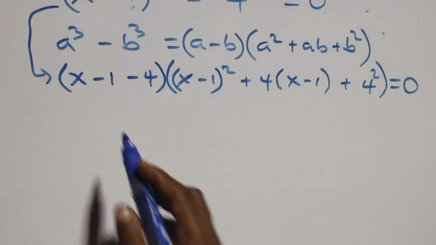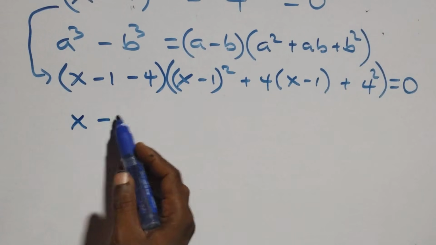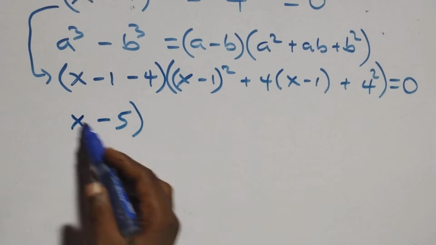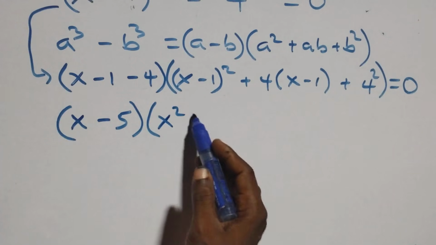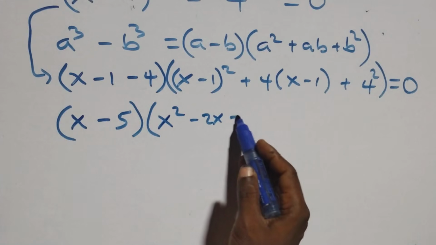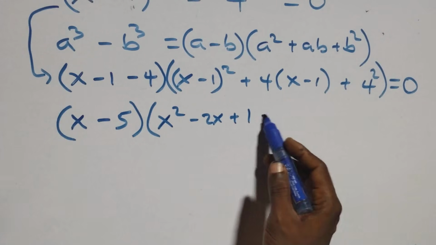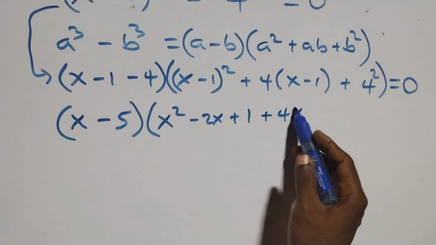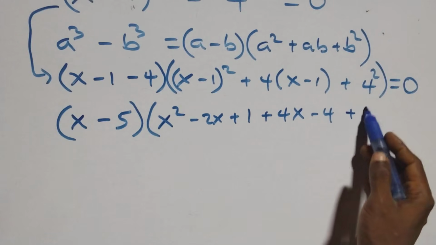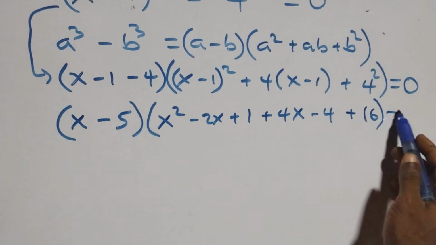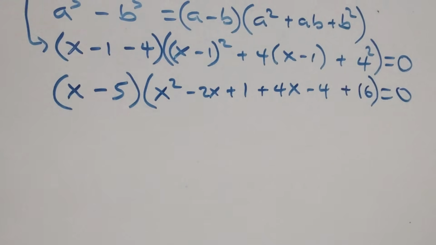That is, here this becomes x minus 5 into bracket, open bracket, expansion here gives us x squared minus 2x plus 1. And opening this bracket, we have plus 4x minus 4, then plus 16, close bracket, equals 0 here.